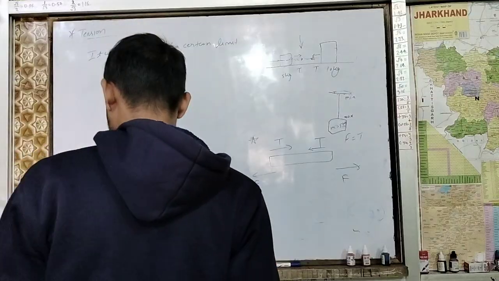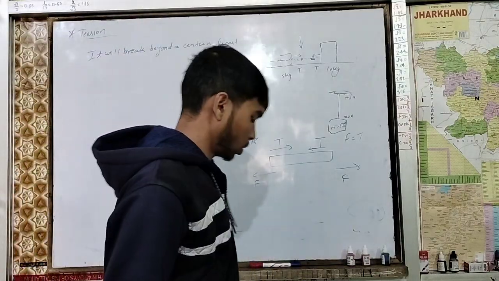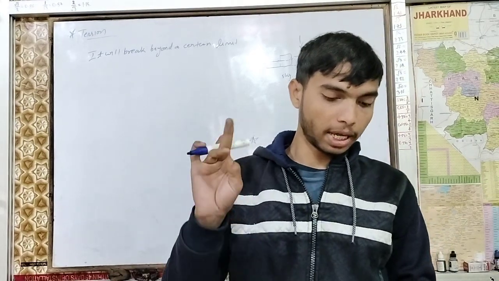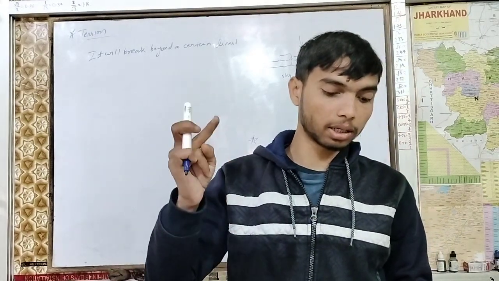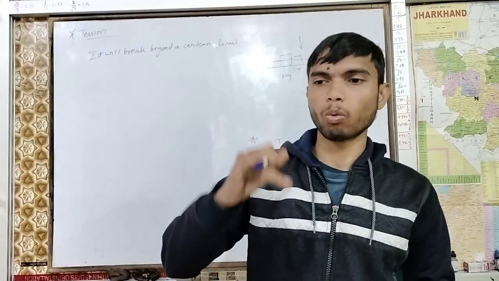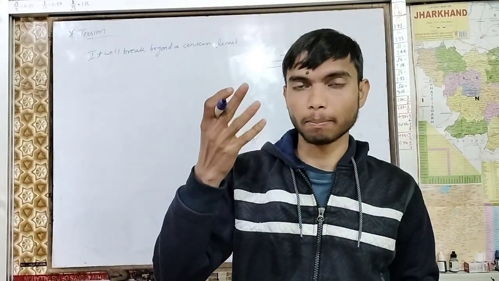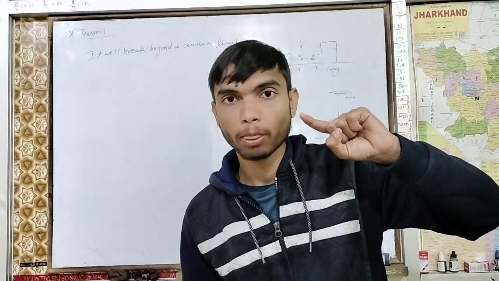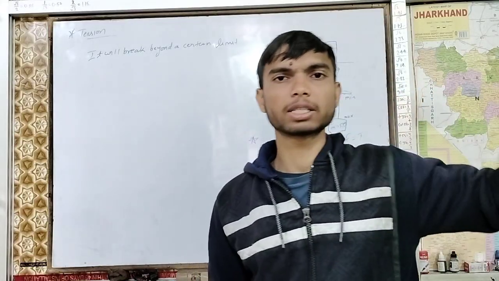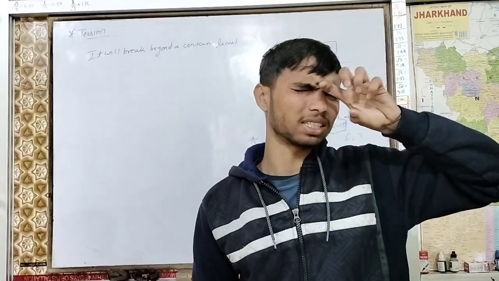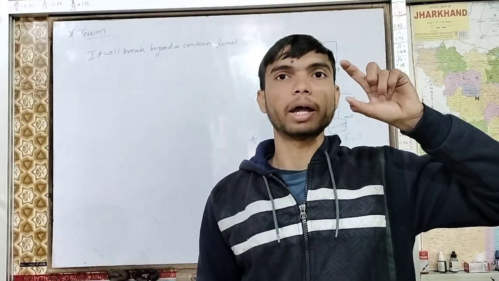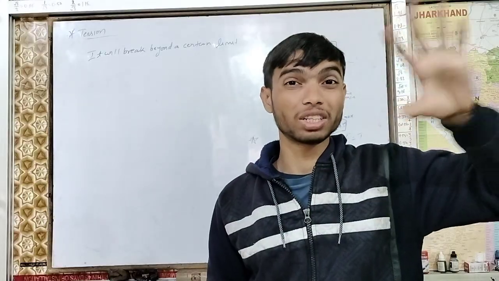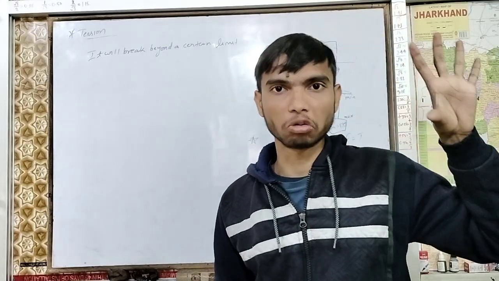Next sentence: the maximum tension which a string can bear without breaking is called, let's say, whatever the maximum tension of the string is. So what is happening over here? Let's say we are stretching a string, and we reached a certain amount of force.